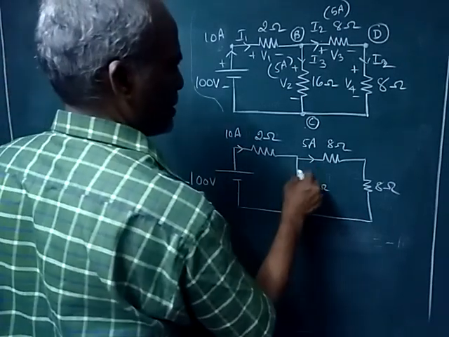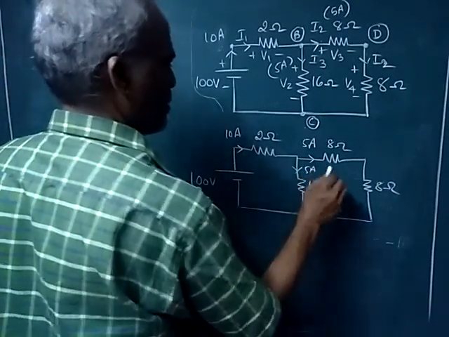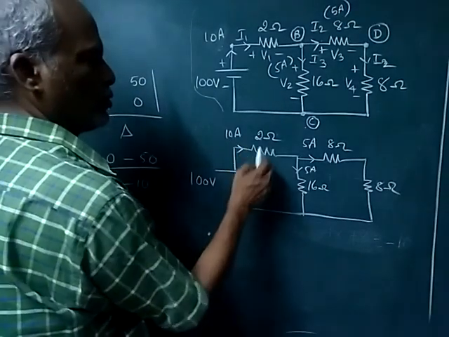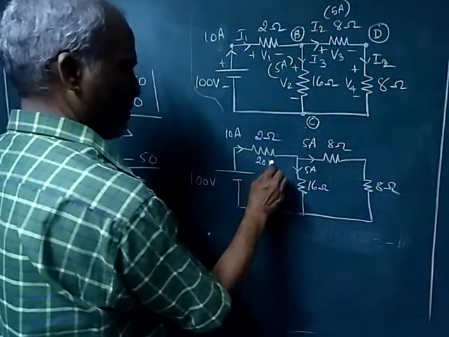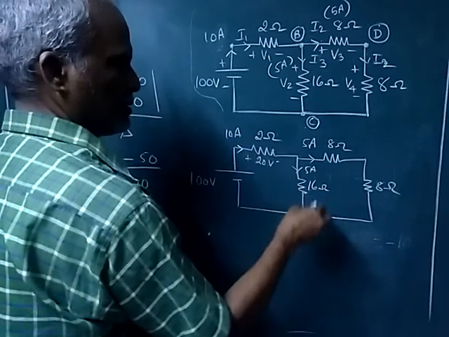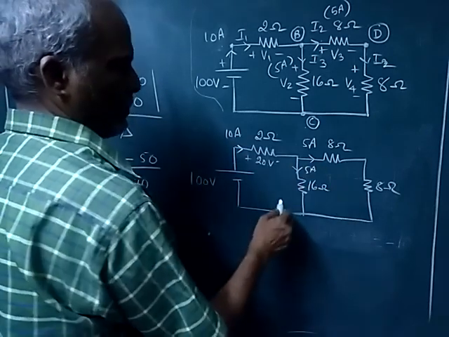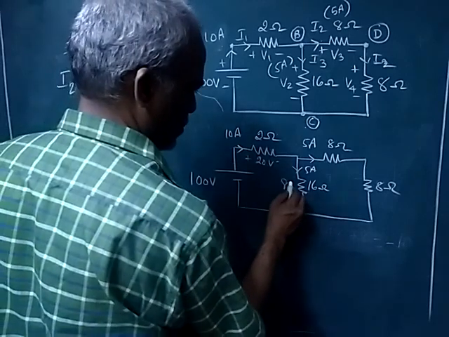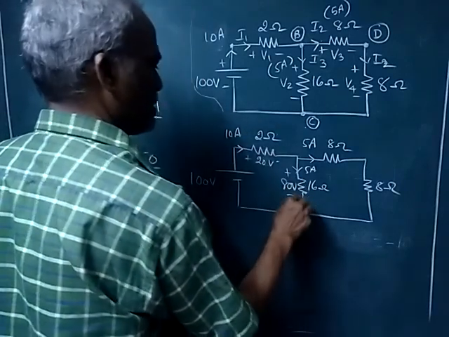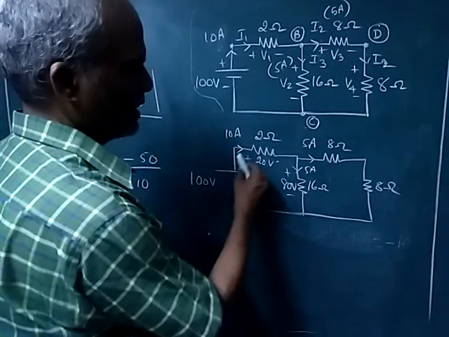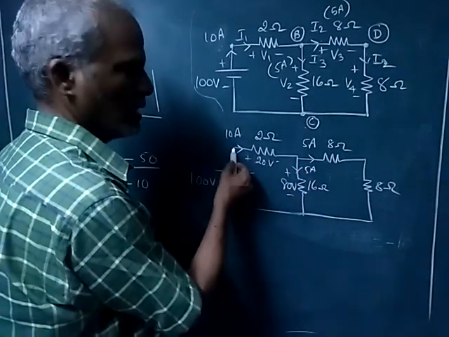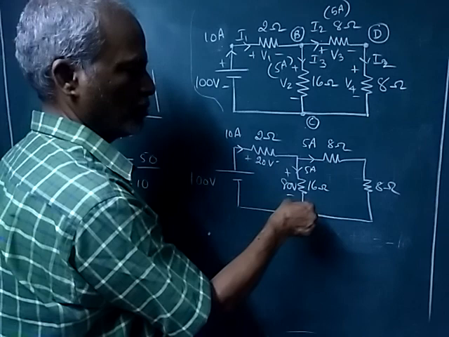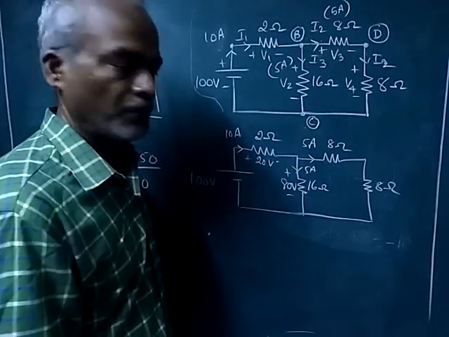The current here is 5 ampere. Now check out the voltage, 10 into 2, 20 volts, plus minus, 16 into 5, 6 5s are 30, so totally 80 volts, plus minus. Now if you just check this loop, rise in potential 100, fall in potential 20, fall in potential 20, totally it will be 0.